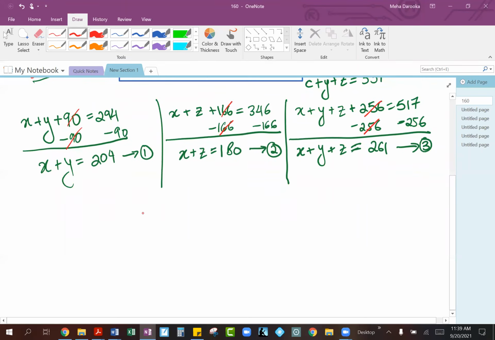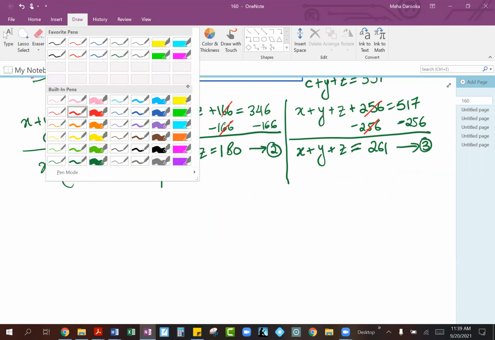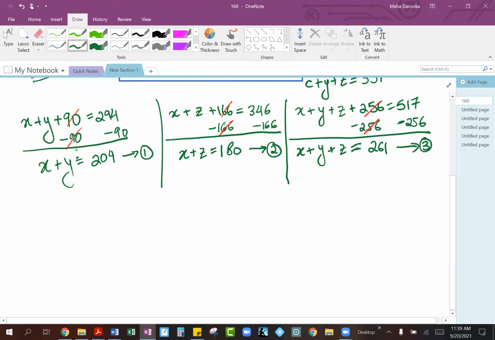Let's maybe look at the first and third equation here. My first equation is x plus y equals 204. My third equation is x plus y plus z equals 261.